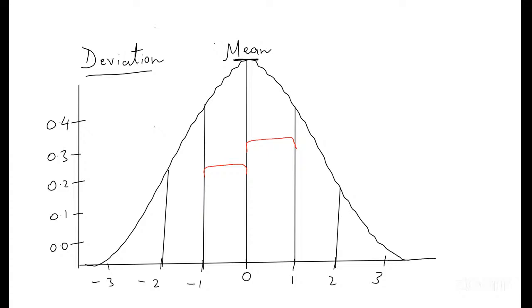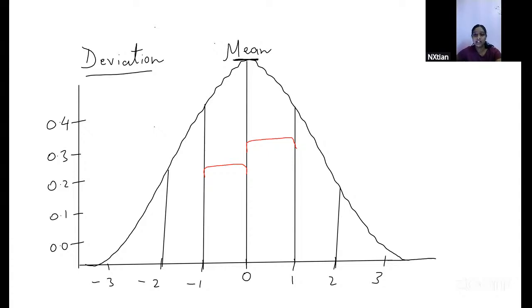So basically, what is a deviation? It measures the dispersion of a data set relative to its mean. It is the dispersion of the data from its original position.